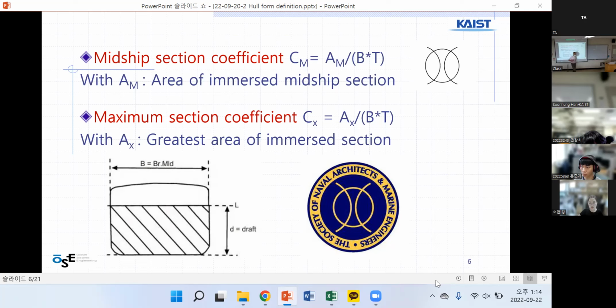For my body, probably the maximum is around here, not here. CM is at the middle length, CX is the maximum area, somewhere over here. So it's different. For big ships, CM and CX are usually the same, but small ships, fishing boats, yachts, have a little bit of difference between the locations.